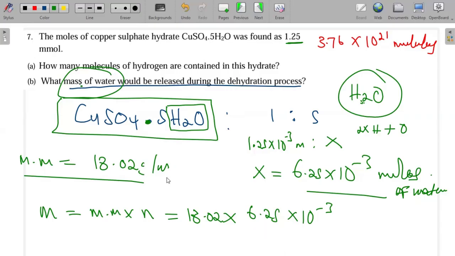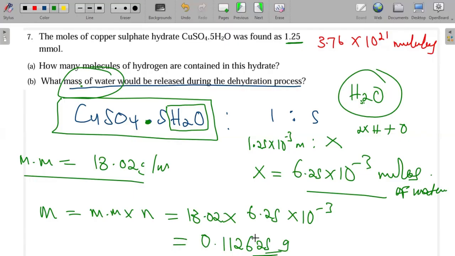I have 18.02 multiplied by 6.25 times 10 to the power minus 3. Okay, to the power minus 3. Now I get the correct answer. So the correct answer is that the mass should be 0.112625 grams. So that would be the mass of the water.